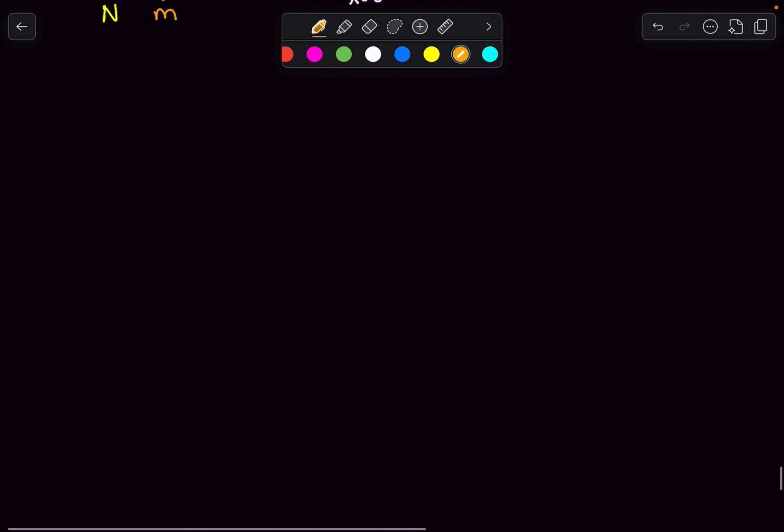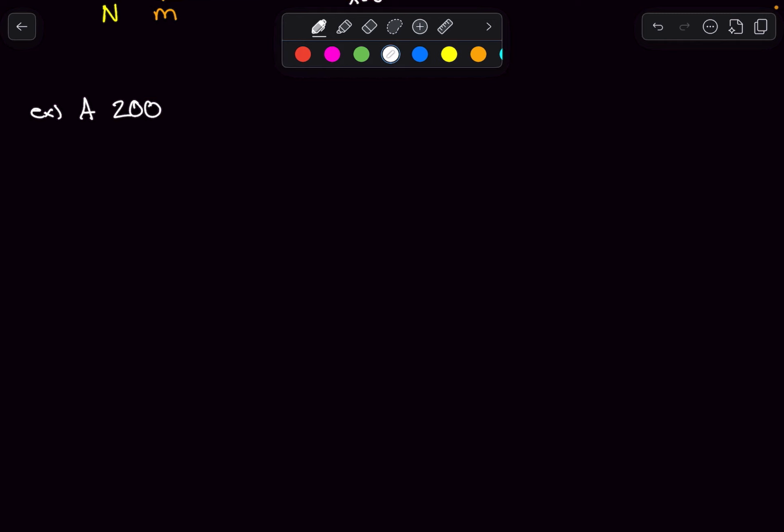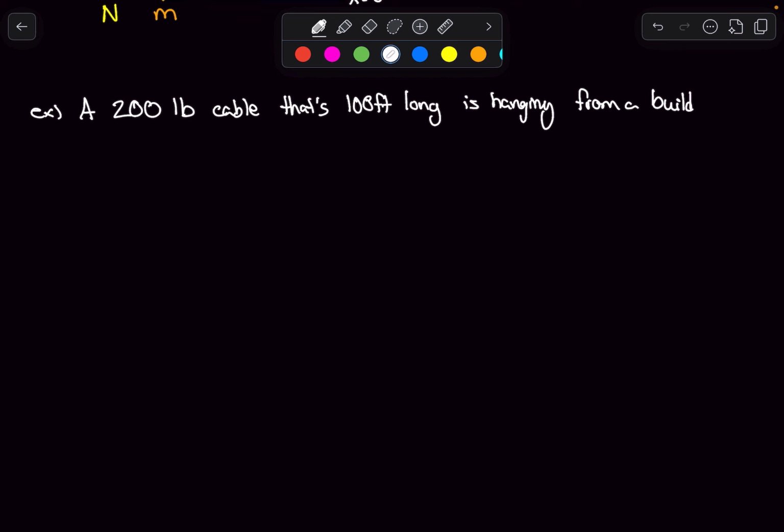Okay, so for example, let's say that we have a 200-pound cable that's 100 feet long, is hanging off the edge of a tall building. So it's hanging from a building. And the question, kind of like maybe if this represented pulling up an elevator or something like that, right?